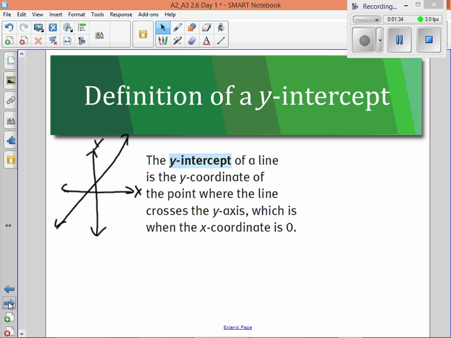I'll identify in blue here the point at which the line crosses the y-axis. Let's say that this is 5. So this is the coordinate point where x is 0. When the x-coordinate is 0, the point 0, 5. Okay, so we'll look at this more in a graph in a little bit. That's the y-intercept, geometrically. It's literally the y value of the coordinate point where a linear line crosses the y-axis.